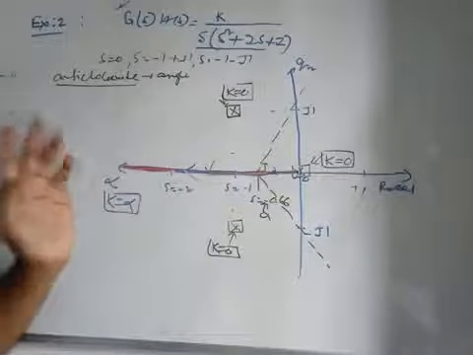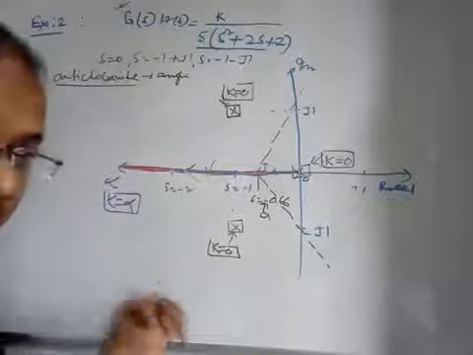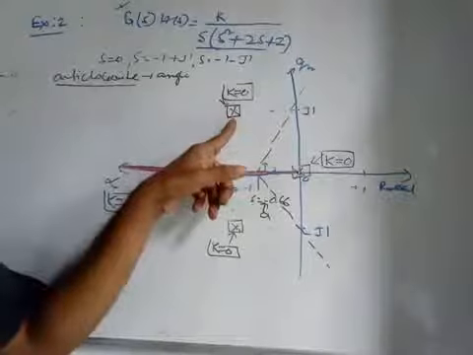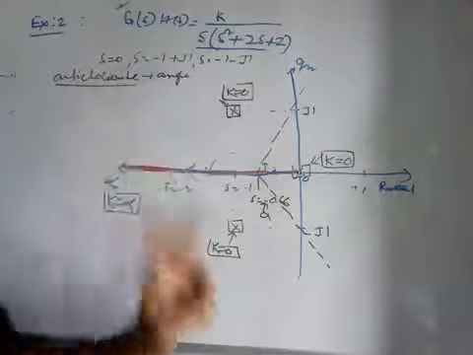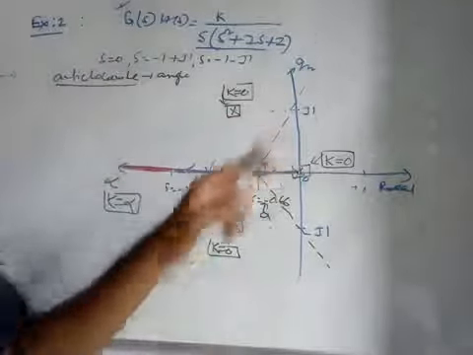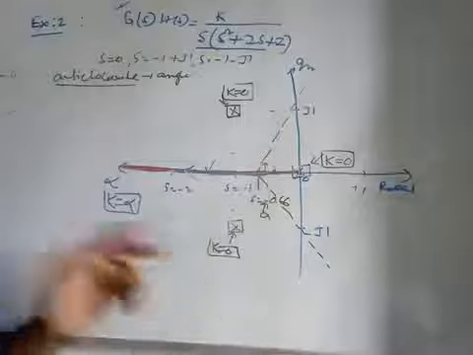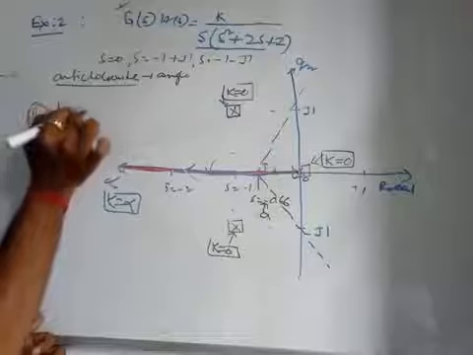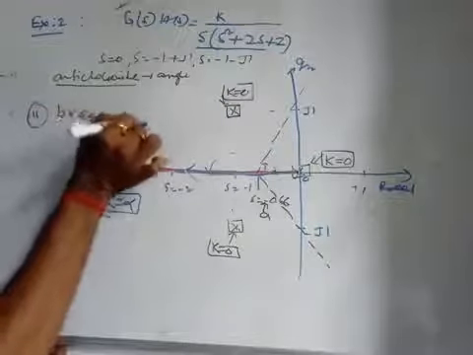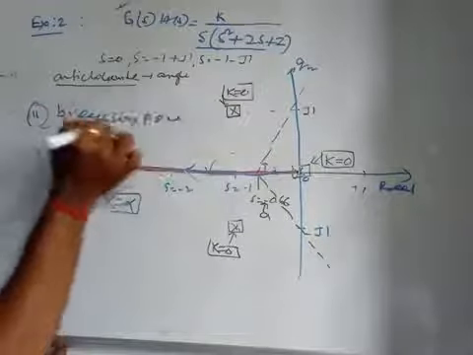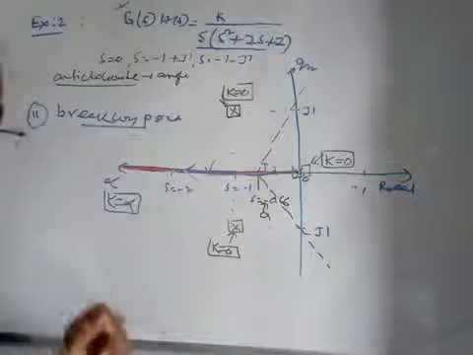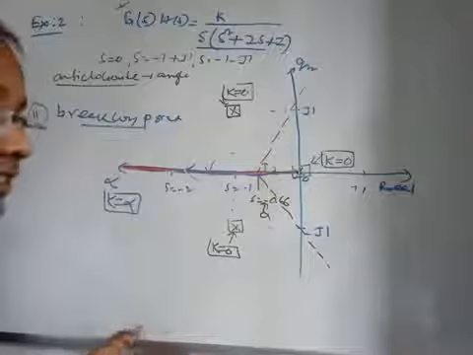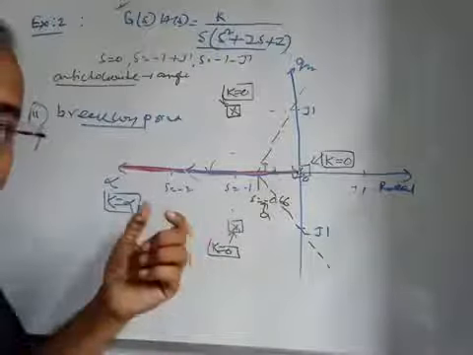Now we have to find out how the other poles will move to infinity along the asymptotes. There are two asymptotes left, one is this, one is this, and two poles left, and the next step is to find out the breakaway point, right? First of all you have to judge from the given figure whether the breakaway point determination is required or not.